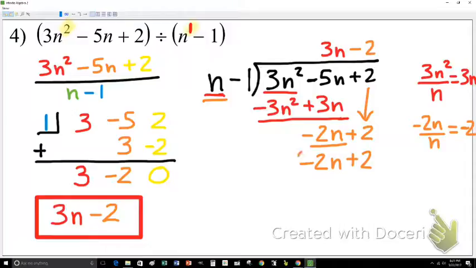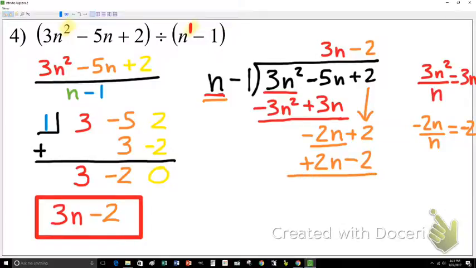And once again, we could subtract this whole thing, like so, but it's easier to distribute the negative 1 and just change the signs. Okay? So let's just distribute the negative and change signs, so that becomes plus 2n. And then the middle here just becomes a minus 2. And then we can just go ahead and add them together. Okay?